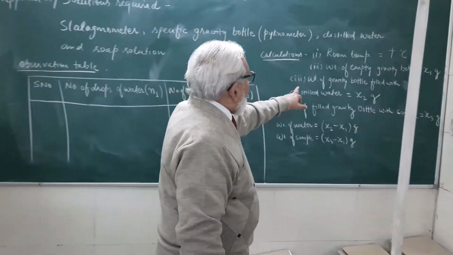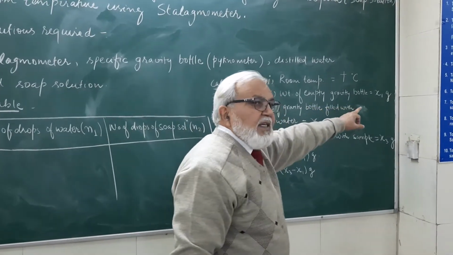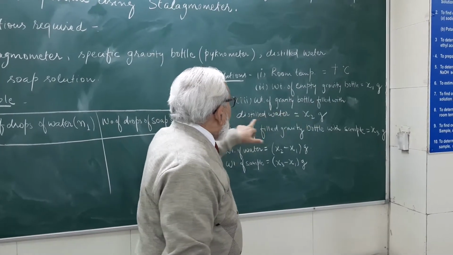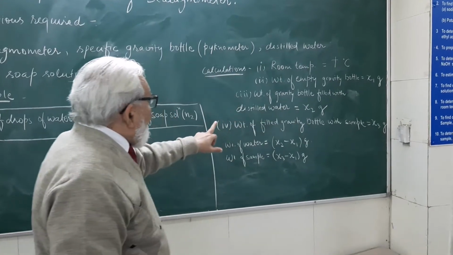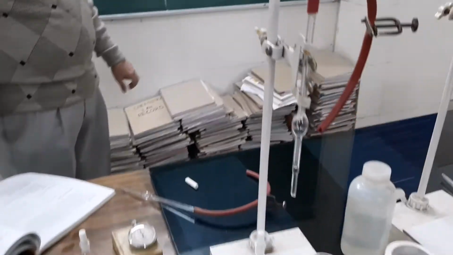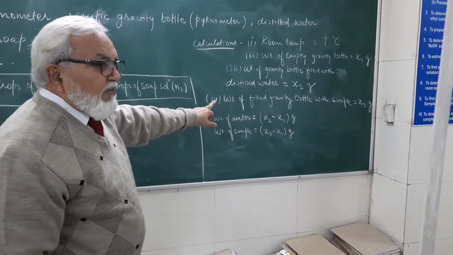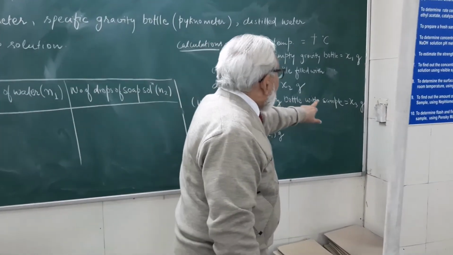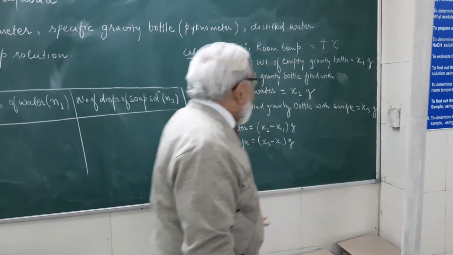Let the weight of the empty gravity bottle be x1 gram, and the weight of the gravity bottle filled with distilled water be x2 gram. Now the same density bottle will be filled with the given soap solution and again weighed. Let the weight of the gravity bottle filled with the sample soap solution be x3 gram.